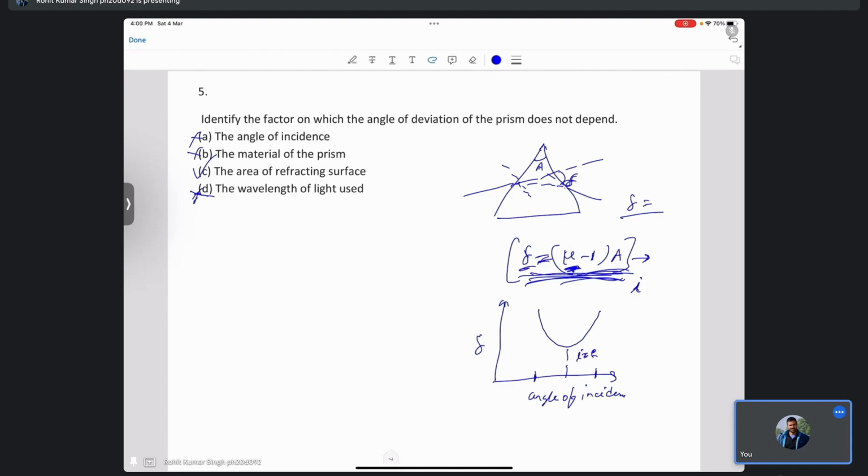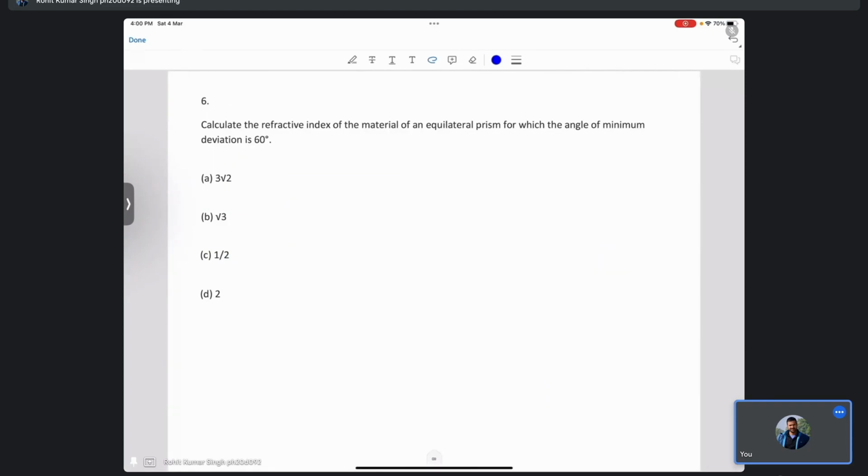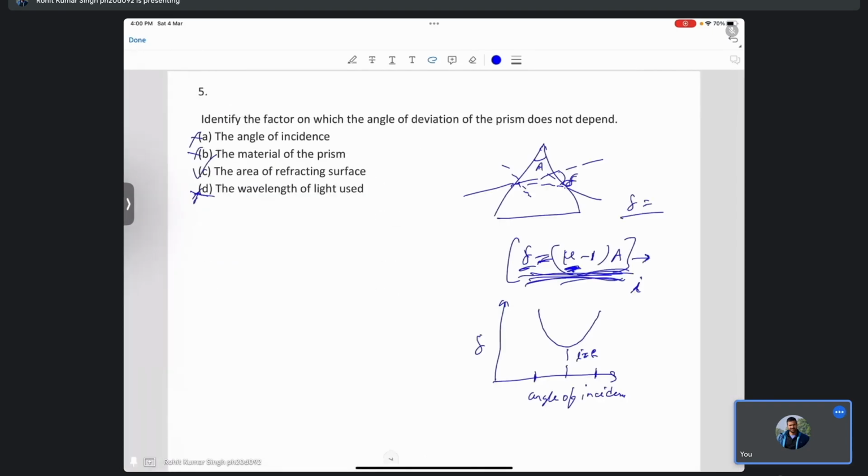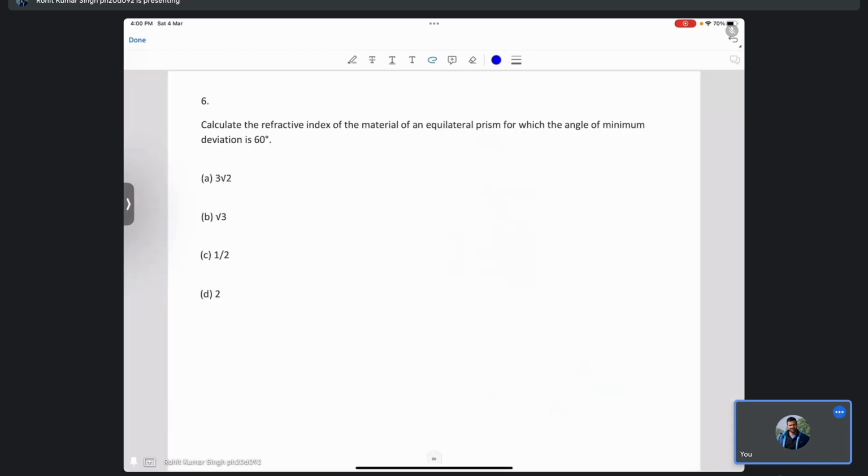Okay, through the derivation. Does anyone have any question here? Okay, if not, then next problem.